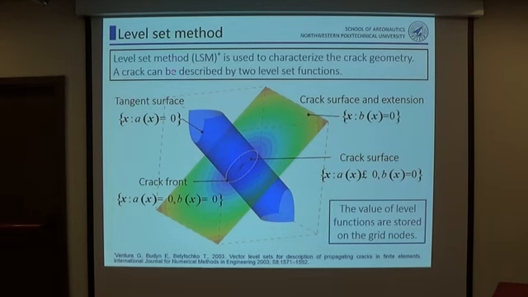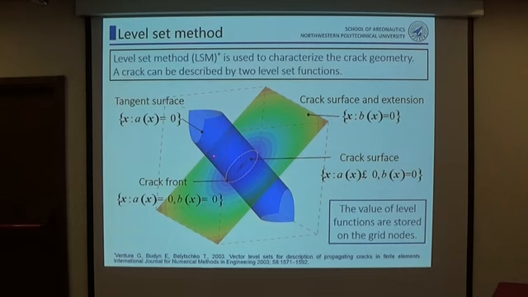The level set method has been proved to be a good supplement to the XFEM method, as one can perform computation involving cracks and surfaces on a fixed mesh. In the level set method, a crack can be described by 2 level set functions, one for the crack surface and another for the crack front.